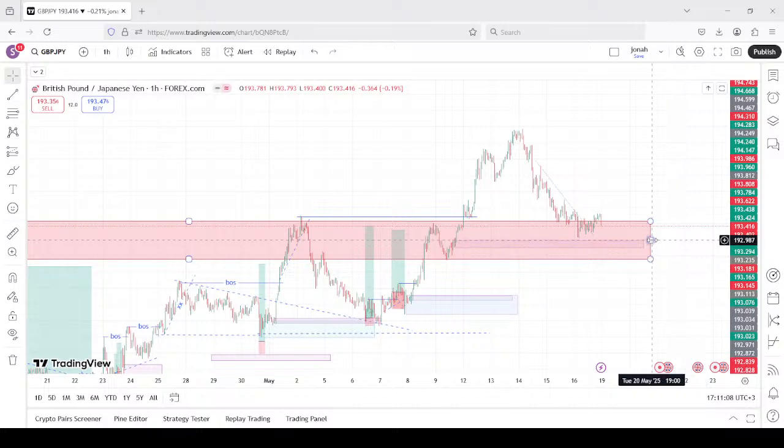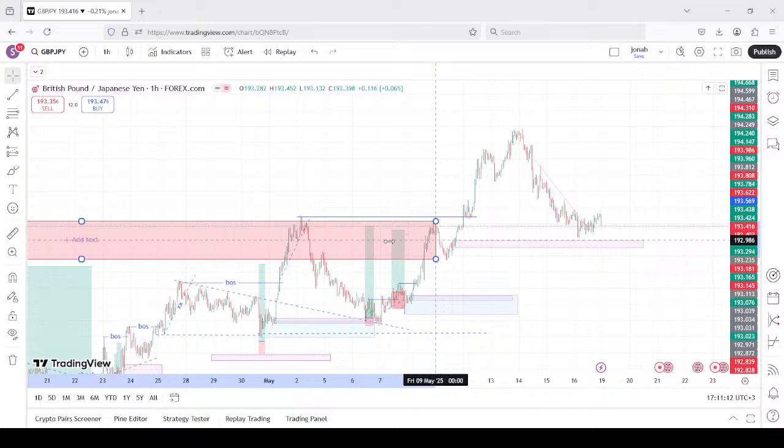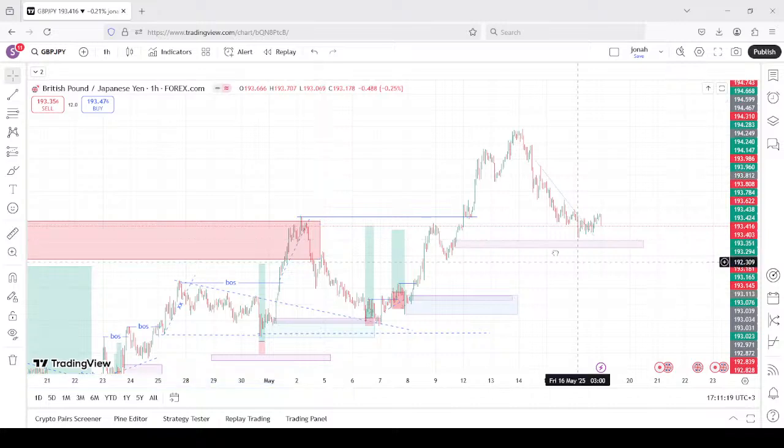So where I'm planning to take this trade from, I'm waiting for price to touch this 15-minute order block.